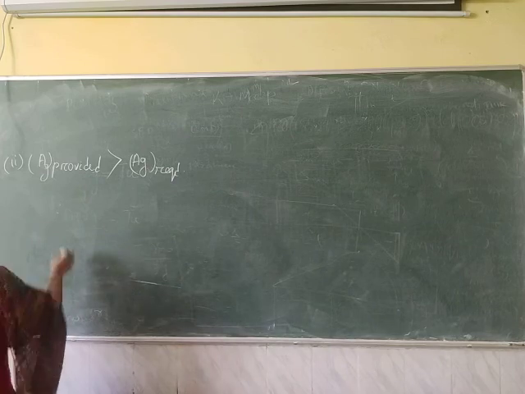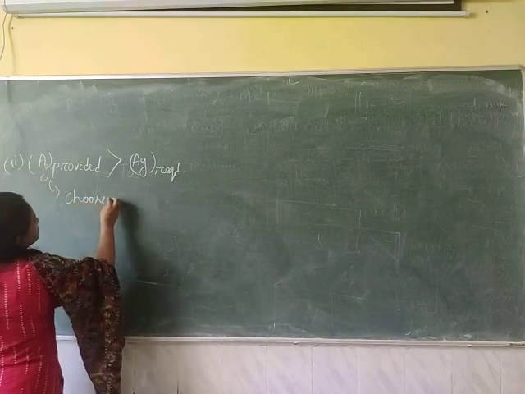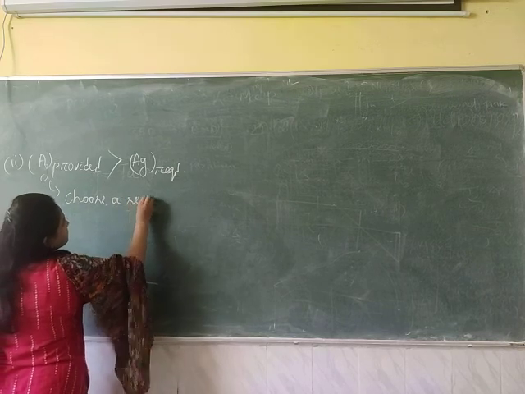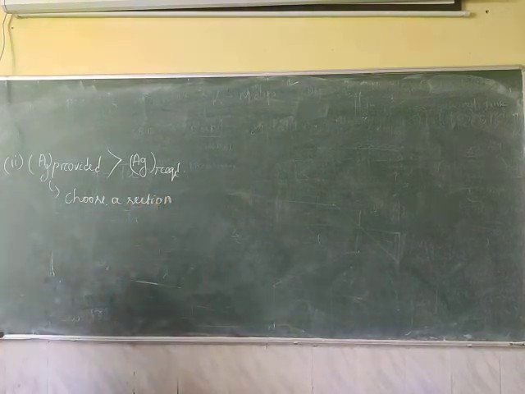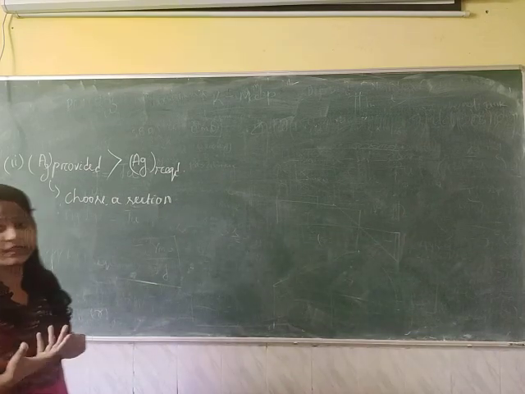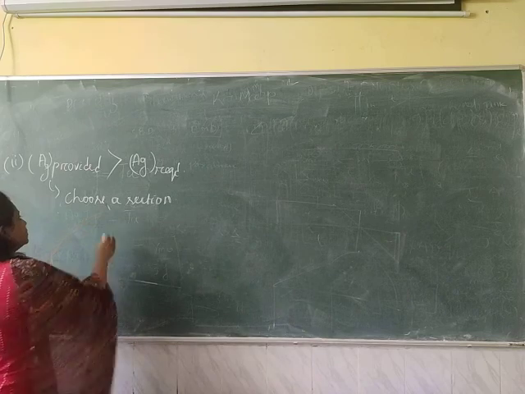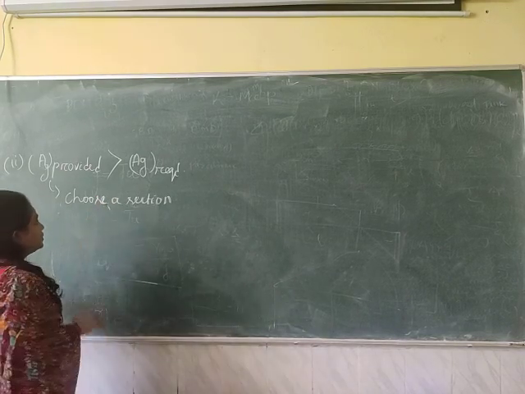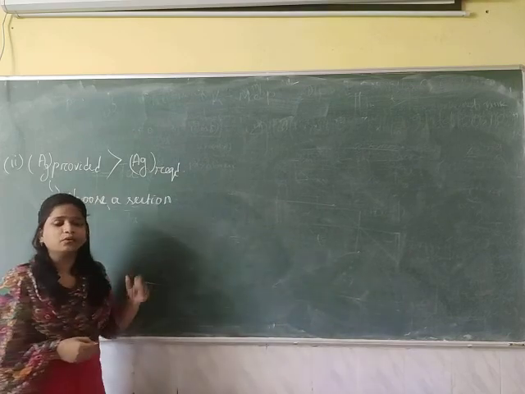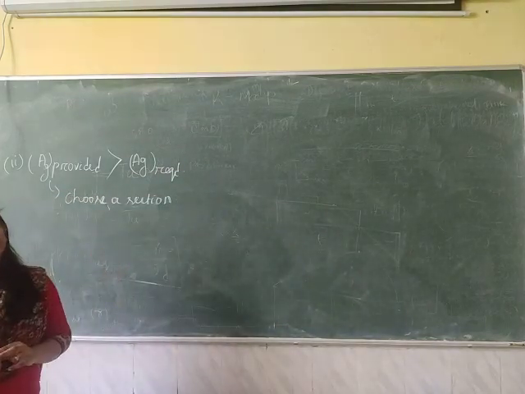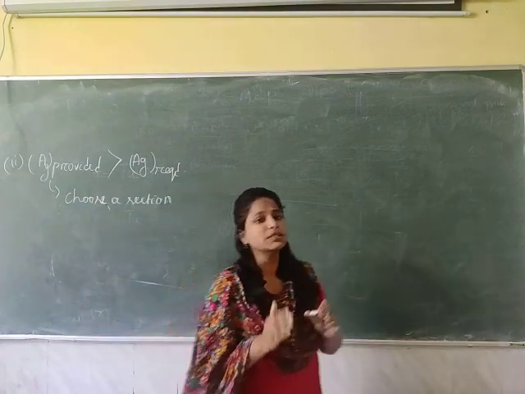So, from the steel table, choose a section. You can choose any angle section, channel section, I section, or you can design a steel plate also. After the selection of the section, write down all the properties of that section, which you can get from the steel table.